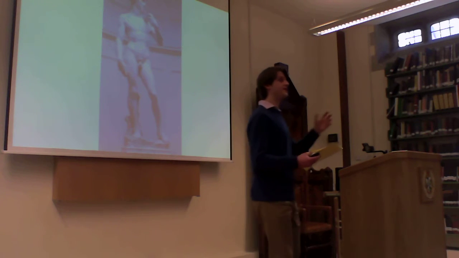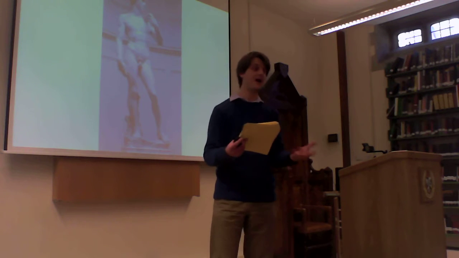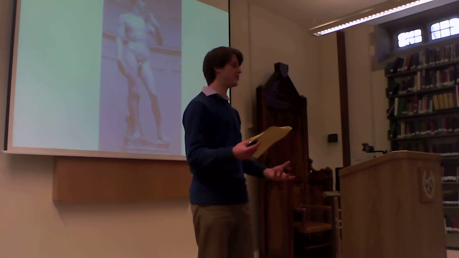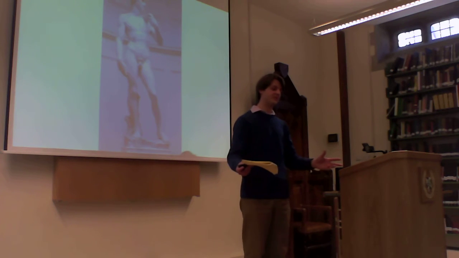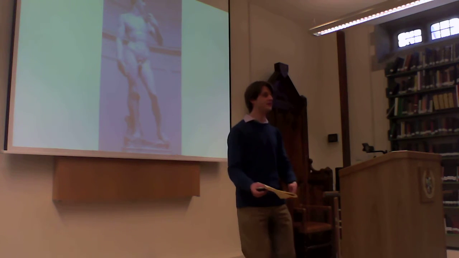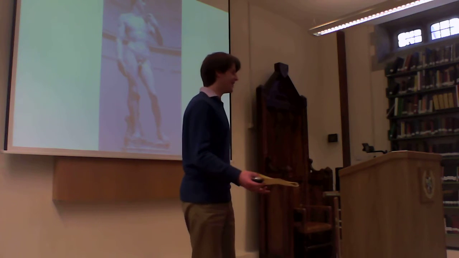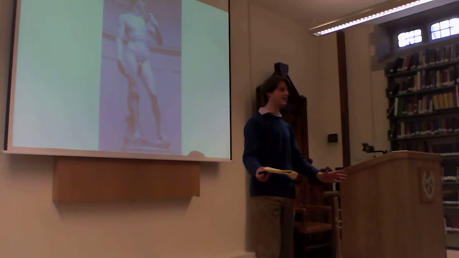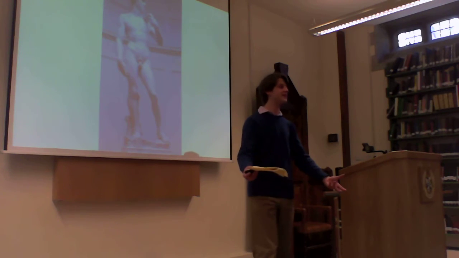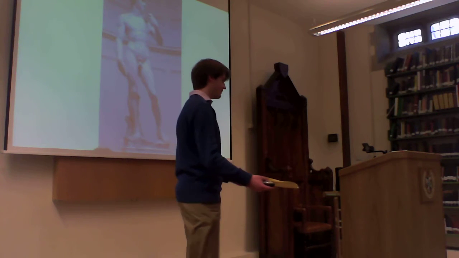It seems to me the easiest way to respond to this problem would be to give up the idea that the non-aesthetic properties aren't sufficient for the aesthetic, and to say something like, well, okay, non-aesthetic properties are sufficient for aesthetic properties, but it's just really very complex. And so, yes, if you have exactly the same non-aesthetic properties, if you have an entire world with exactly the same non-aesthetic properties, then it will have the same aesthetic properties.